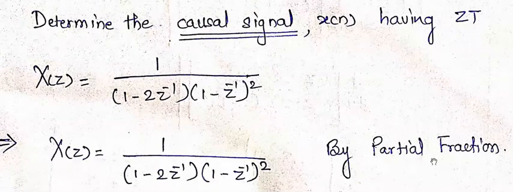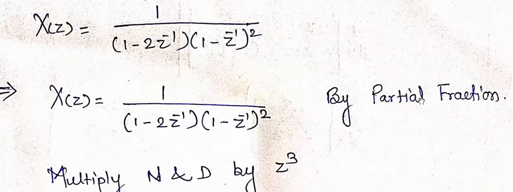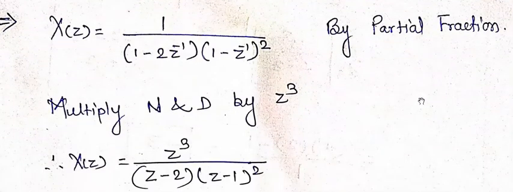So it is satisfying the condition of partial fraction. When the numerator exponent is less than the denominator exponent, we need to first express this X of z in the format of X of z by z. In order to represent it in that format, let's see what modification we need to do.